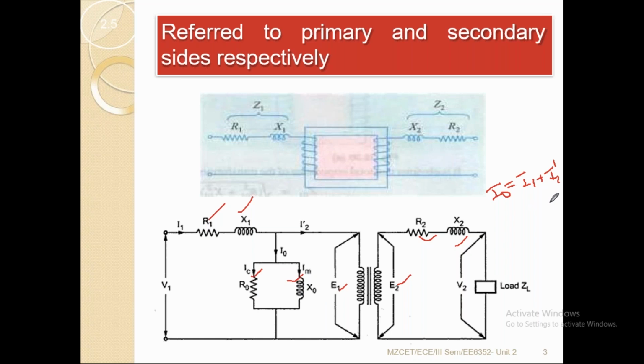Iron losses and copper losses, in a sense, completely deal with current. So if you want to supply these two losses, you need to additionally increase the current. So I0 is equal to I1 plus I2 dash, or else I2 dash is equal to I1 plus I0. So you need to increase the primary current to supply the voltage.